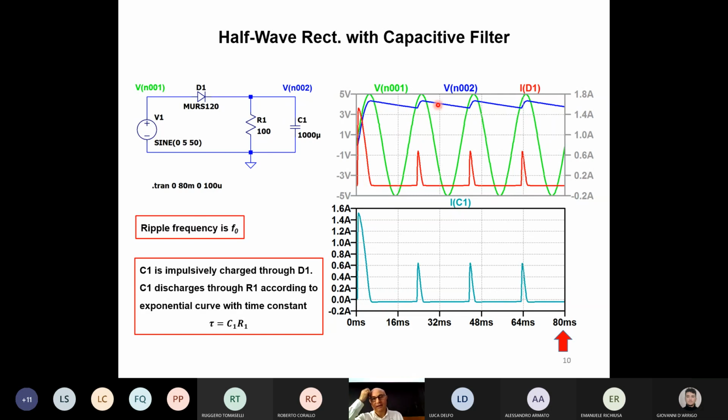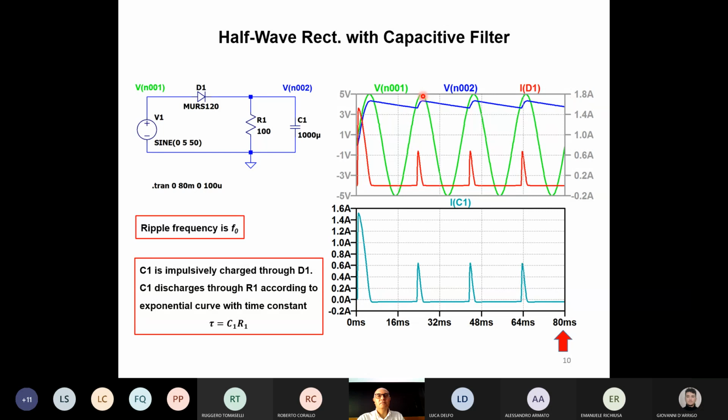You see this? What happens here? Here, the capacitor has discharged a bit. When the input voltage is higher than the actual voltage on the capacitor plus 0.7 volts, the diode conducts again, and so we have this peak current here that recharges the capacitor and brings the voltage on the capacitor up to the peak again.